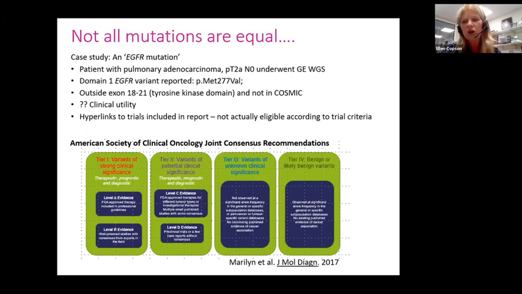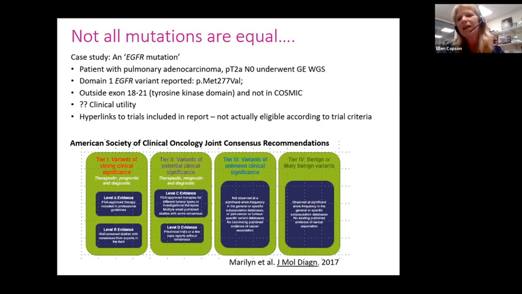It wasn't in the COSMIC database of actionable variants, and the clinical utility is really not established. Although it had automatically put in a hyperlink for trials of EGFR mutation inhibitors, when we looked at the eligibility criteria of the trials, this particular variant didn't meet them.